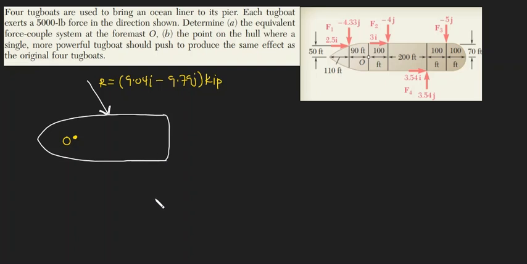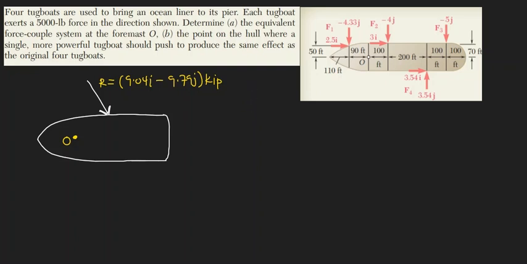In order for us to make the single force have the same rotational effect, you must place it at a particular position on the hull of the ocean liner. We can't just apply that force at any point on the hull and expect it to have the same rotational effect as the four tugboats did.